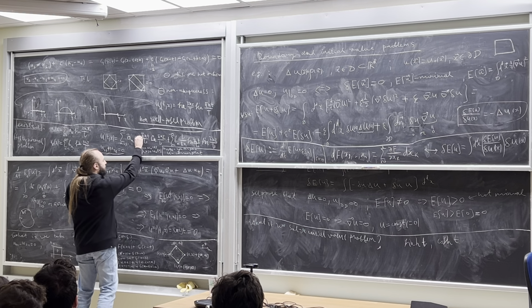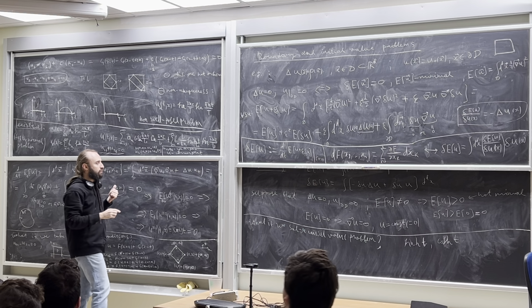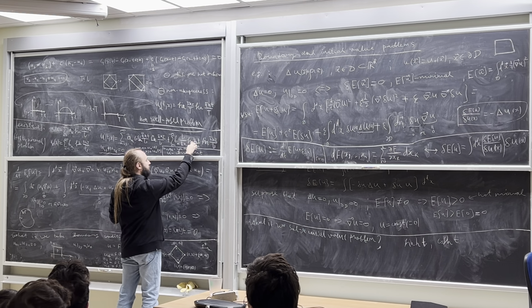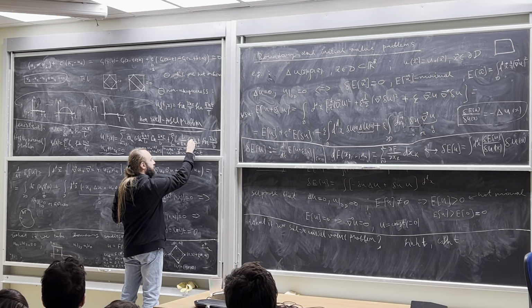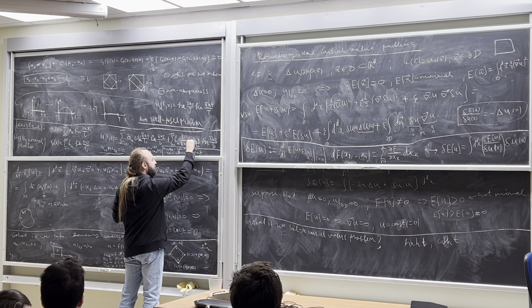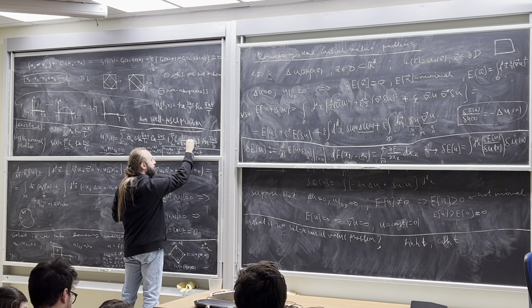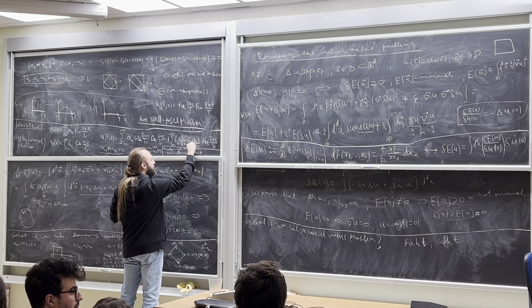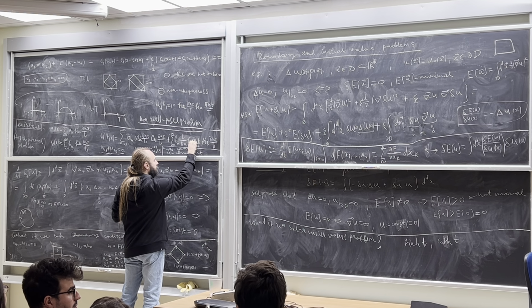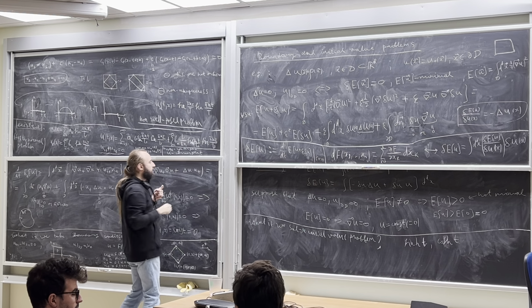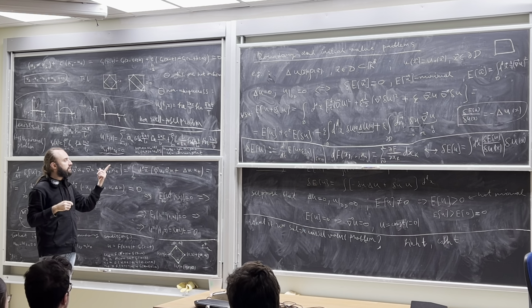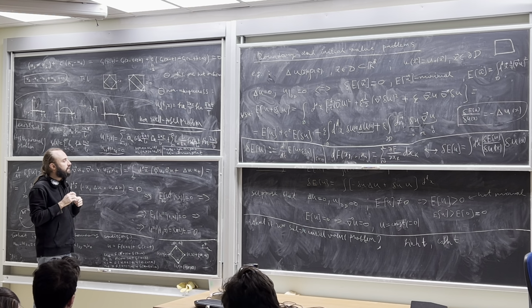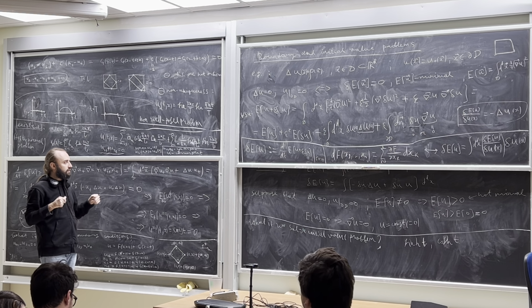So you can write a cosh of this and a sinh of this. Maybe we could figure it out by doing the substitution t equals i tau.